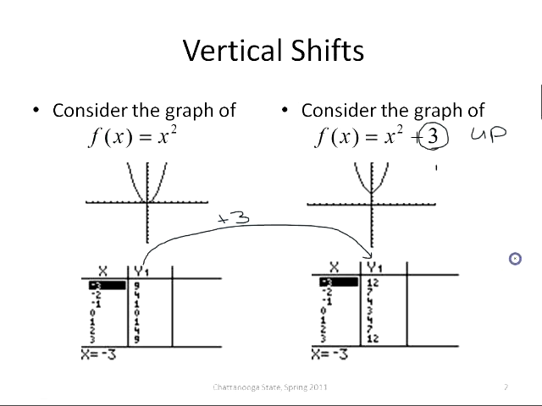Well, it would make sense that if you had y equals x squared minus 3, your graph would shift down 3 units. And that is, in fact, what would happen.